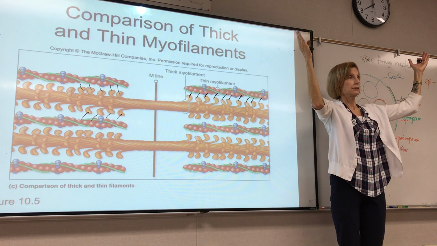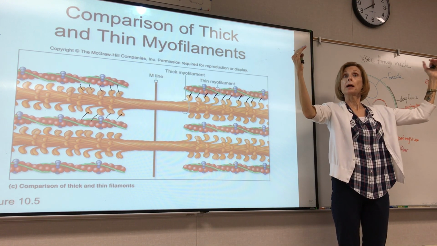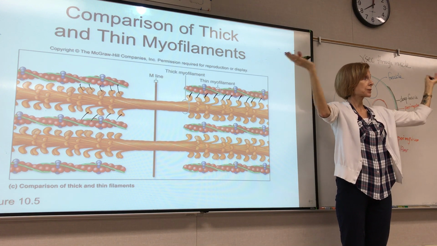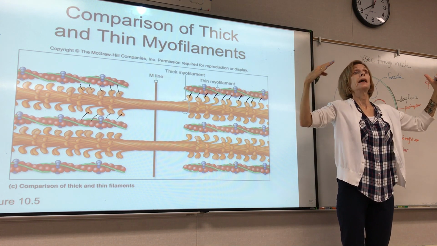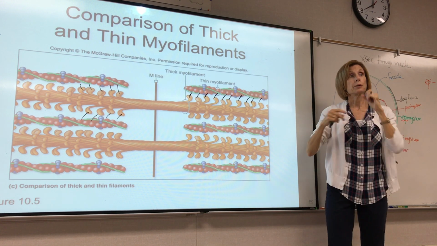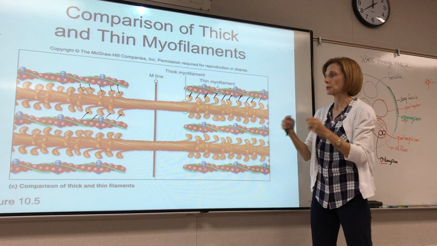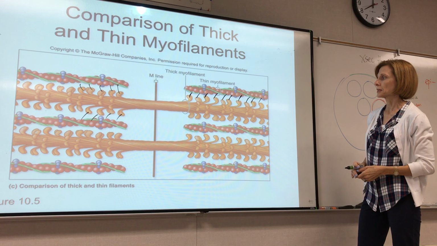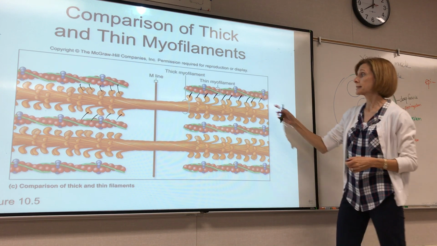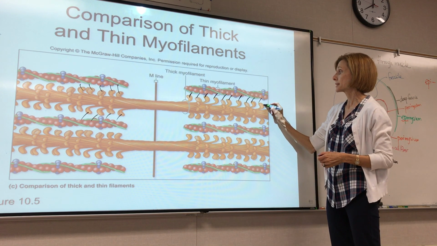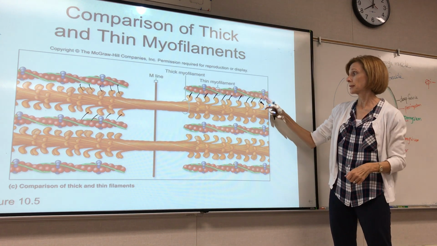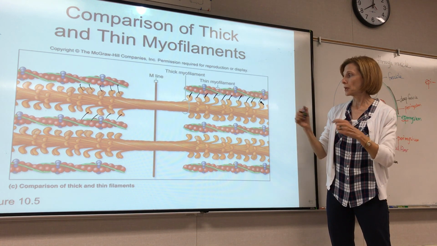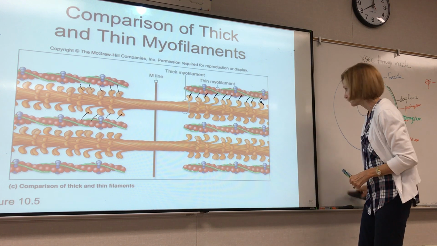When that happens, myosin heads have a swiveling motion, and they literally move the thin filaments, and that's what causes the sliding. We'll talk more about that when we get to a picture of it. The reason these heads are also called cross bridges is because they form a little bridge between the thin and thick filament.